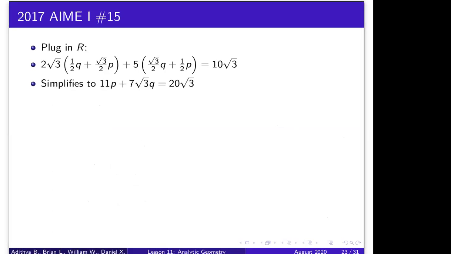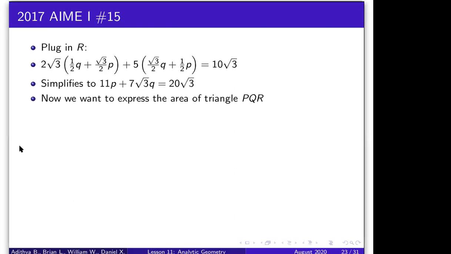And then we simplify it. And then so we have this equation. Right, so now we want to remember what we're trying to find, right? We're trying to find the minimum area of PQR. So how would we find the area of PQR in terms of P and Q?